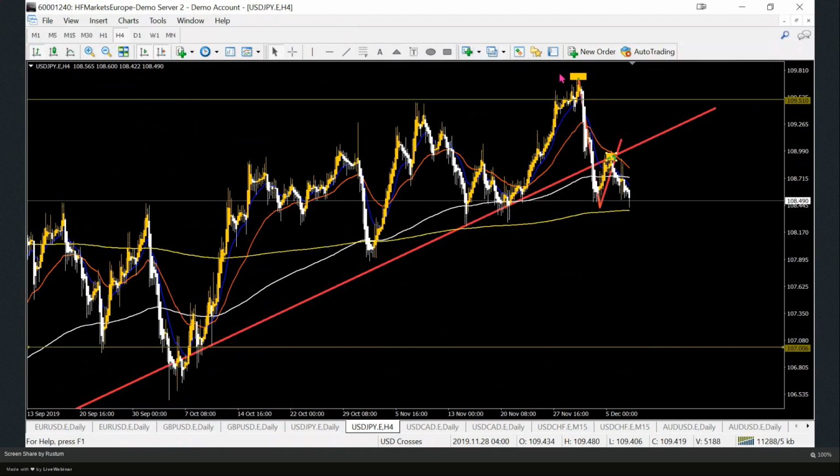But if it fails that way, you've taken some profit in this area, this 80 pips. Some of these profits you've already banked, but you still feel that it should reach the target you've identified already. It's a trend line break, a retest of the trend line, and you're looking for an opportunity there again.